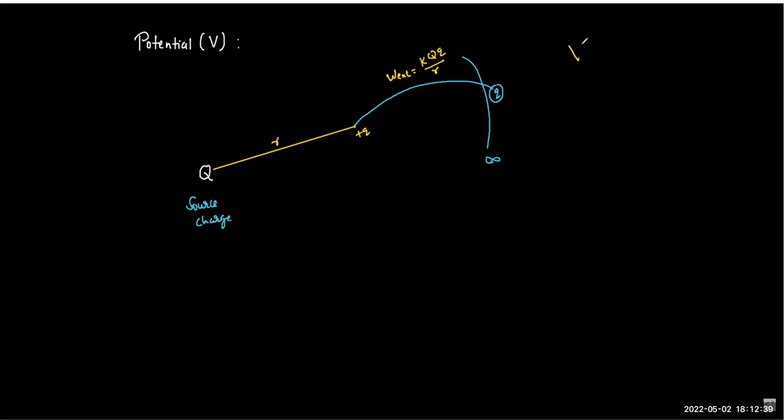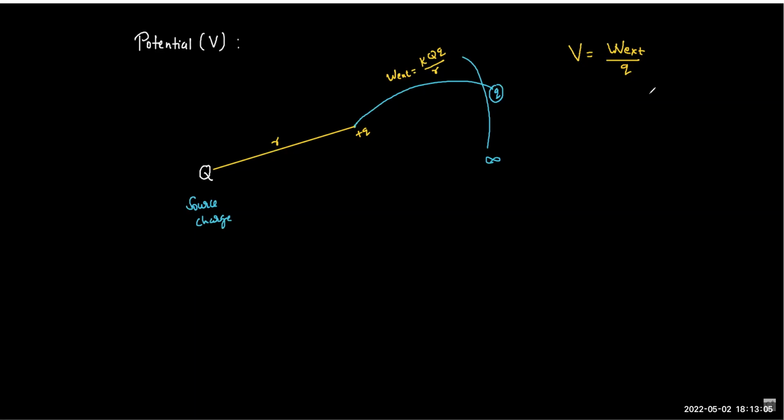Potential is defined as work done in bringing a charge from infinity to a certain point in an existing field due to a given charge plus Q. So this is defined as work done per charge.